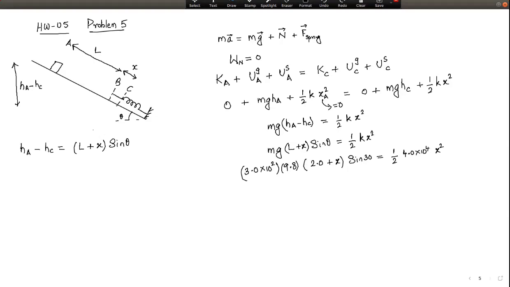I can bring down the 4 into 10 raised to 4 to the left hand side, and this equation takes the form: calculate these numbers except for the x.